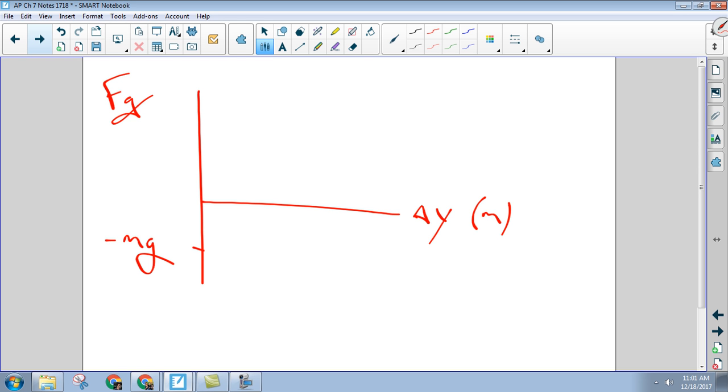And no matter what my vertical position is, my force of gravity is the same thing. Make sense? So here's 0, I guess. And I'm mad that I put a triangle here. Let's just call this y. Sorry if that messed you up.